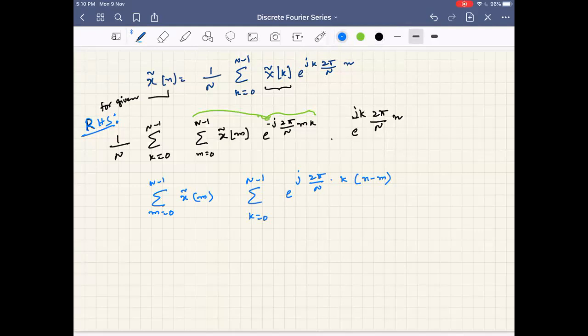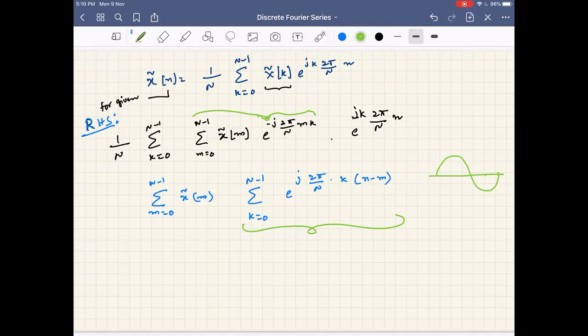What is this summation? What is this term now? If you see this term, when you sum over all the exponentials for k equal to 0 to n minus 1, for any integer value n not equal to m, that is n minus m being an integer, they will be equal to 0 because they sample at regular intervals of some sinusoid of some frequency.